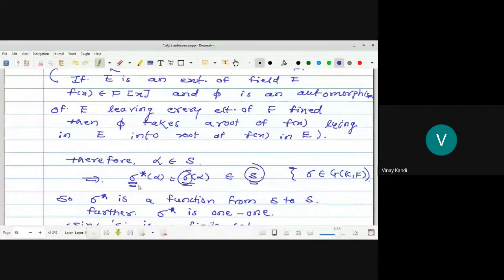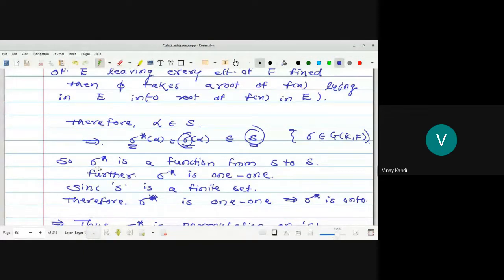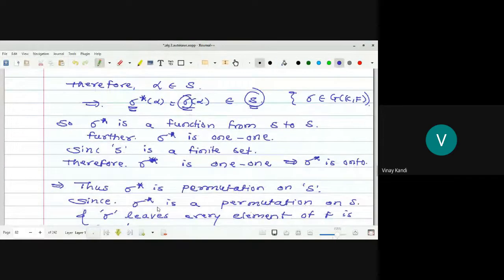Okay, that means sigma star is what? The restriction of sigma. Here sigma is an automorphism, that is, one-one and onto. Hence sigma star is also one-one, and every one-one function on a finite set is onto. Hence sigma star is onto and one-one also. Hence sigma star is what?